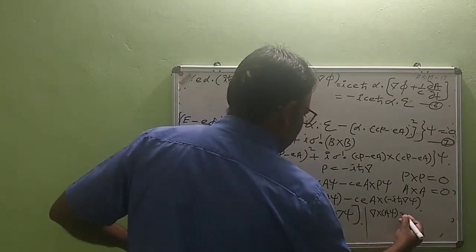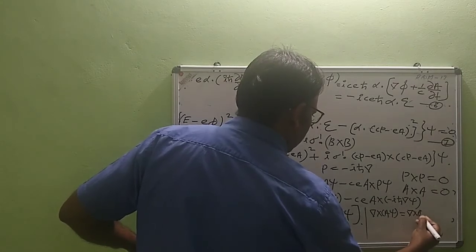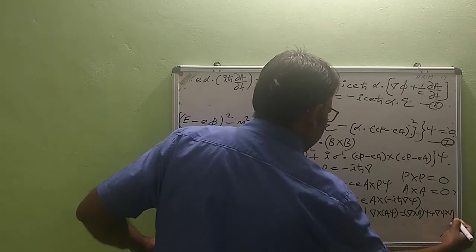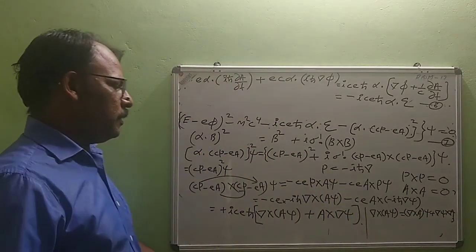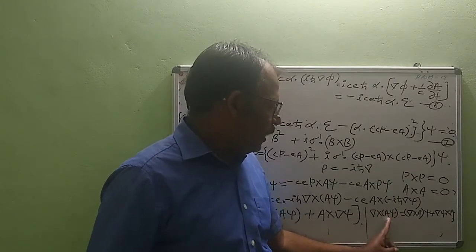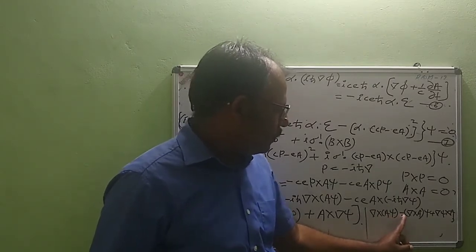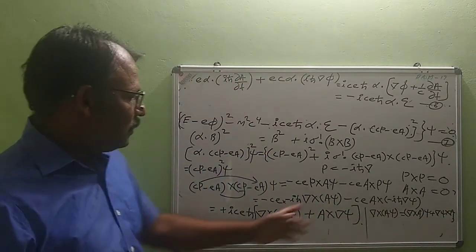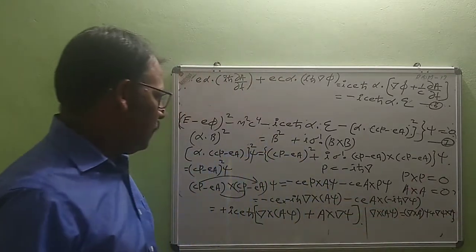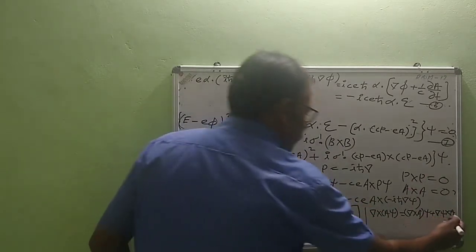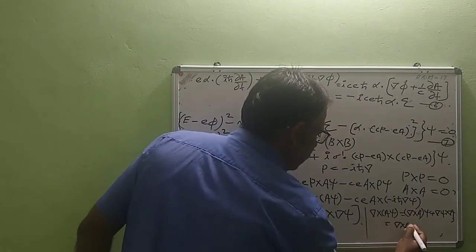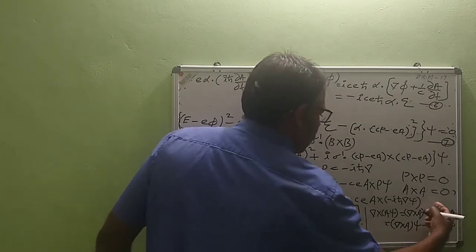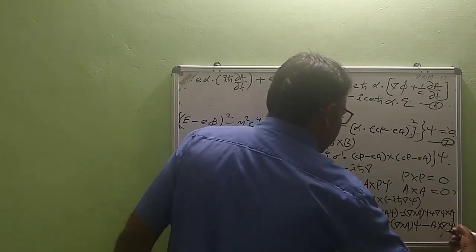Del cross A psi is equal to del cross A operating on psi plus del psi cross A. Here del psi cross A is equal to minus A cross del psi.